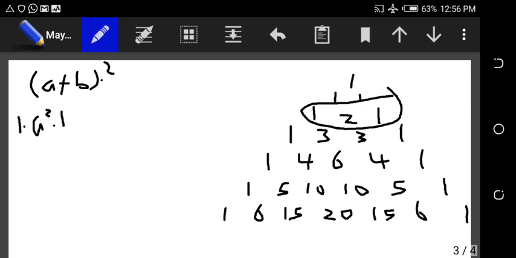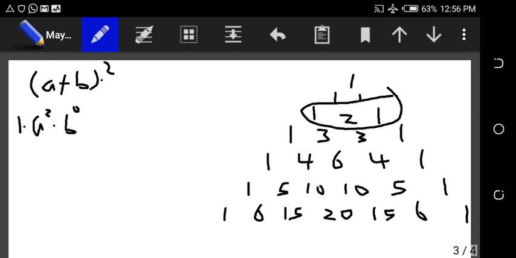So I'll write the b this time around, but remember that our b, the second term, will start increasing from 0. So I have my 1 gotten from the Pascal's triangle for 2, my first term a having the power 2, and my second term b having 0 as power.